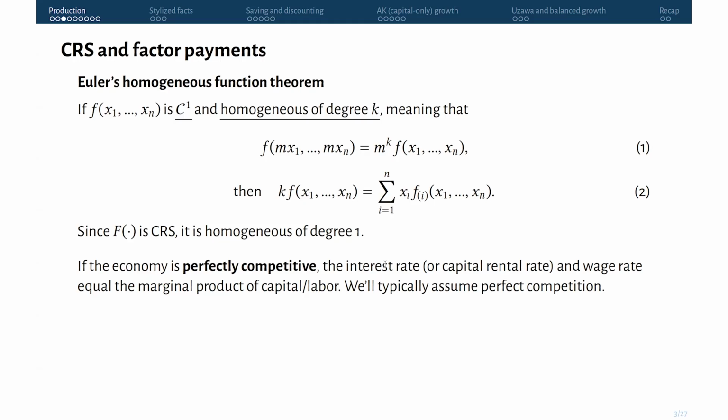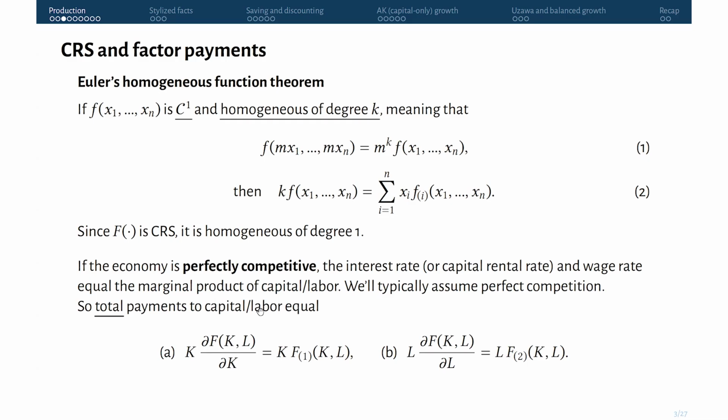If you're working and you're getting paid less than your marginal product, then you can take your labor elsewhere. You're providing a lot of value to the firm. Why aren't you getting compensated for that? You should be able to find some other firm that will pay you what you're adding, more or less. And why would anyone pay you more than your marginal product? So given competitiveness, the marginal product of capital and labor should be the interest rate and the wage rate, respectively.